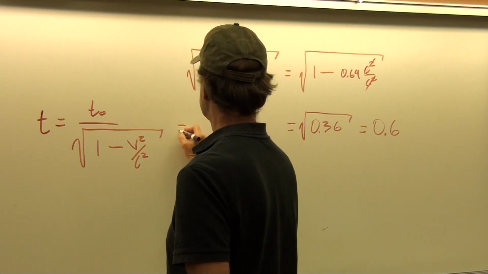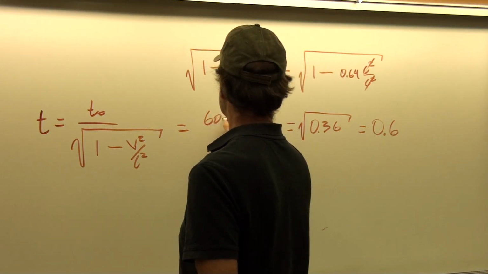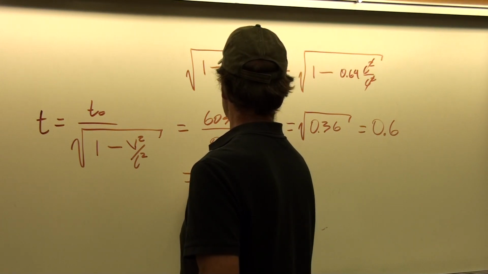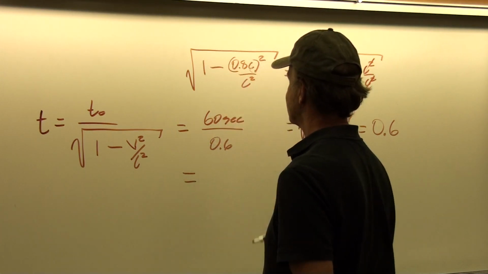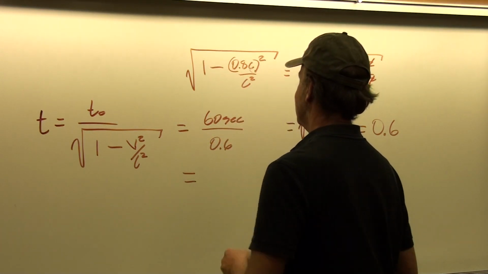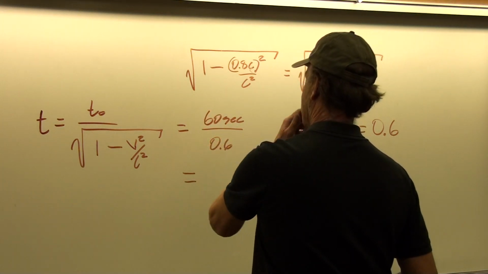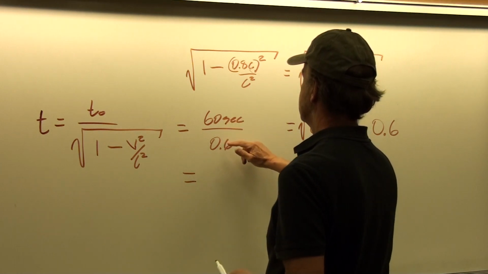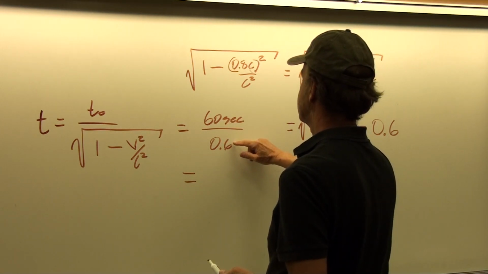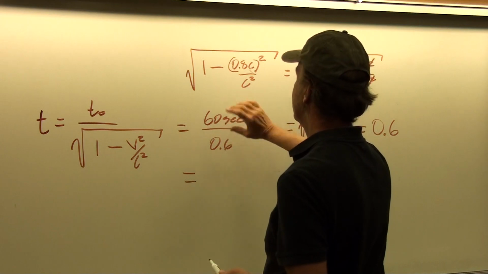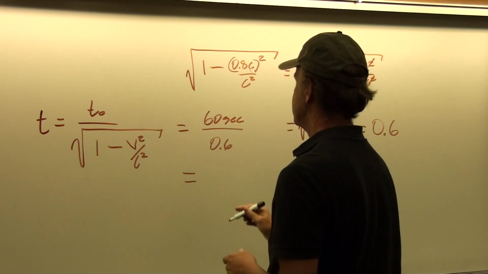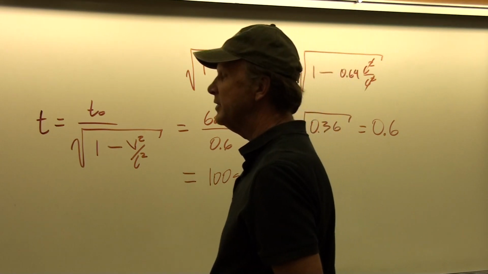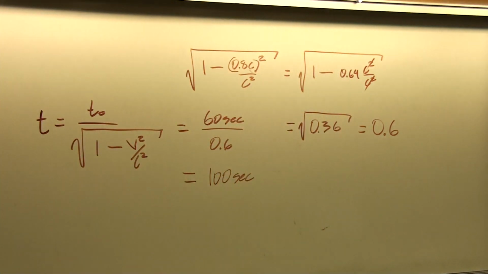And so if we plug this in now, with t naught being 60 seconds, divided by 0.6, because this is 6/10, 60 divided by 6 is just 10, and then the 10 in the bottom flips up, so it's 10 times 10 is 100 seconds. Okay, so that's how much time has elapsed then on the rocket's clock.